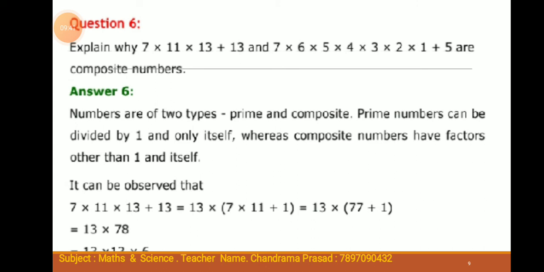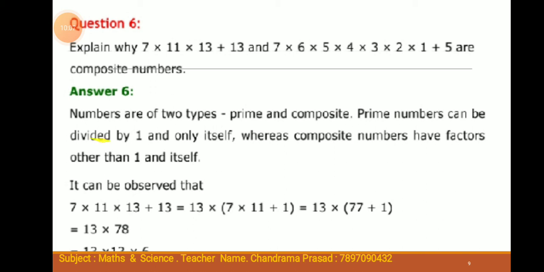Question number 6. Explain why 7 into 11 into 13 plus 13 and 7 into 6 into 5 into 4 into 3 into 2 into 1 plus 5 are composite numbers. Composite number means the number has two or more than two factors.